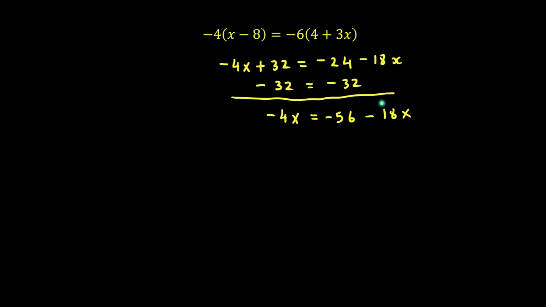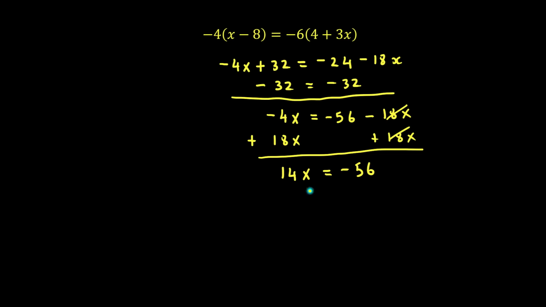Now in order to get rid of this minus 18x, I need to add 18x to both sides. If I go ahead and do that, these would cancel, and that would give me positive 14x, and that's equal to negative 56.